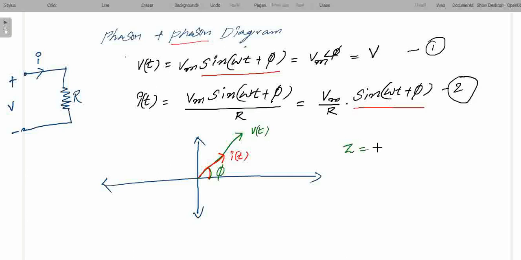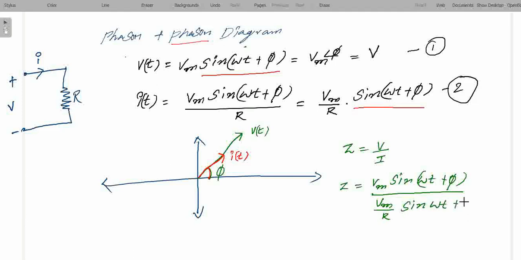Impedance is equal to voltage by current. Here voltage is Vm sin(omega t plus phi), and I is equal to Vm by R into sin(omega t plus phi).